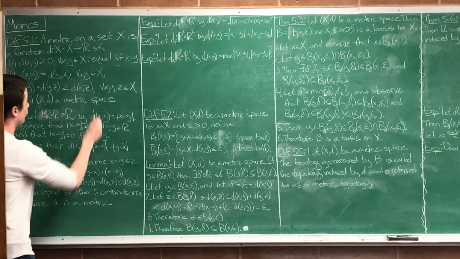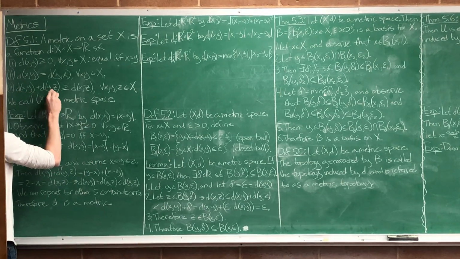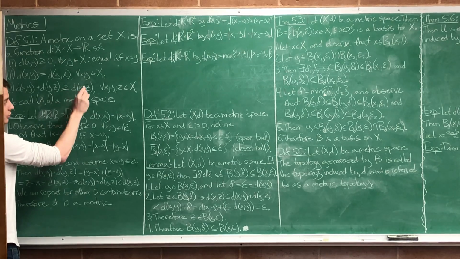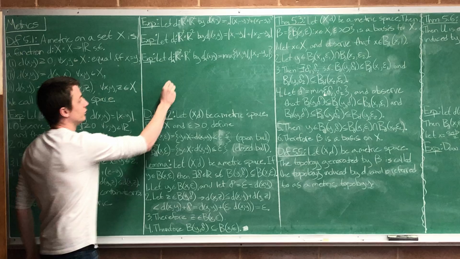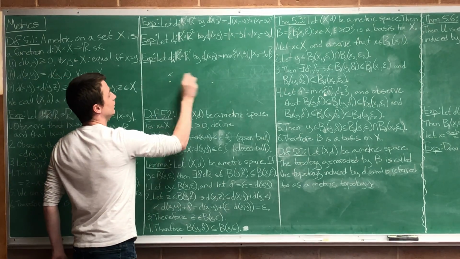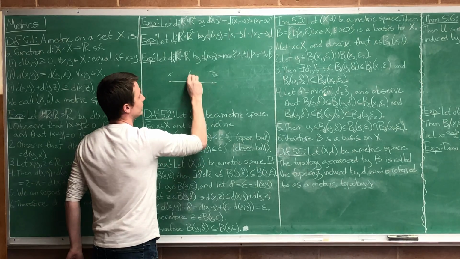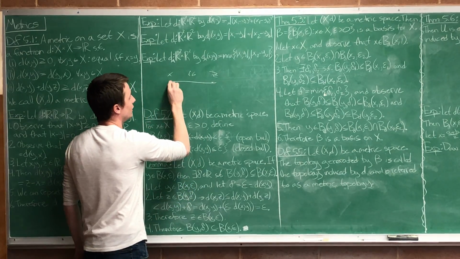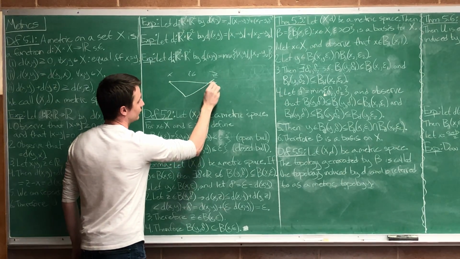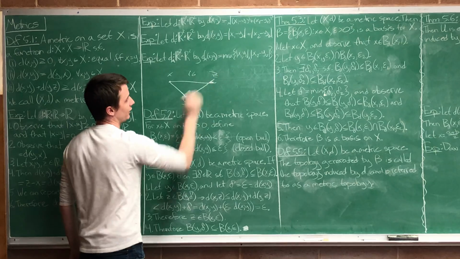And then finally, the triangle inequality. The distance from x to y plus the distance from y to z has to be greater than or equal to the distance from x to z. So here's x, here's z. If the distance from here to here is 16 miles or whatever, there can't be some shortcut where I stop at some other point and make the path shorter.